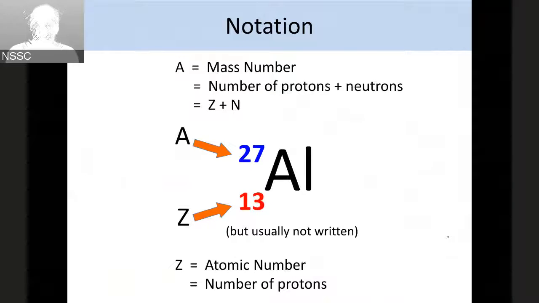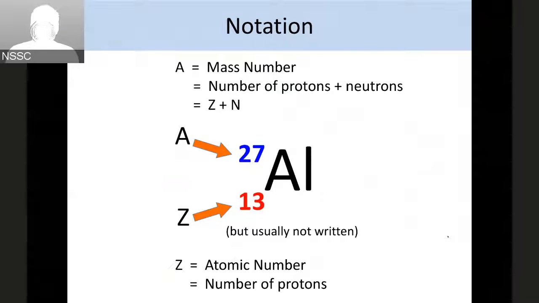They're almost the same mass, except for a very, very tiny difference. One of them is charged, one of them is neutral. Here's aluminum. That has atomic number 13, 13 protons. The mass number, which is always a perfect integer, is 27, which means to say there are how many neutrons?